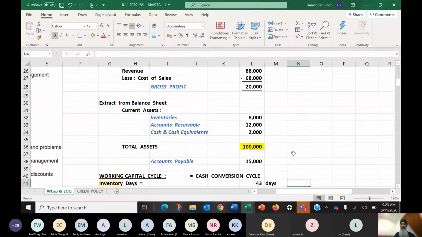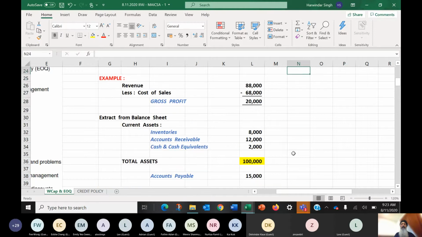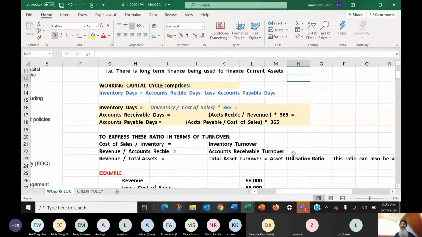So if we wanted to create a working capital cycle computation, then inventory days, following this formula, inventory divided by cost of sales.